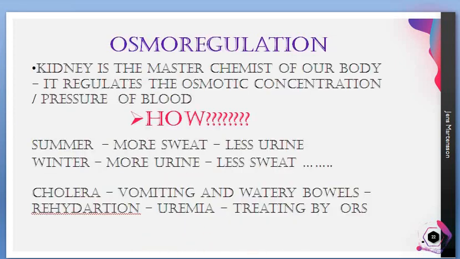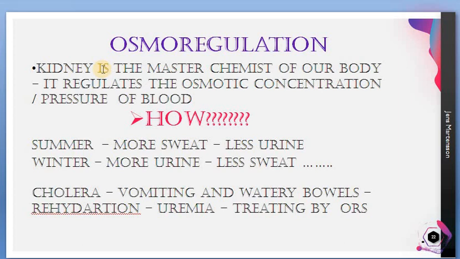Now the next thing we need to know about is osmoregulation, or the regulation of urine output. Kidney is known as the master chemist. In a justification sort of question, they can ask you: why do we call kidney the master chemist of our body? The major reason is that it maintains the composition, or osmotic concentration, of our blood.